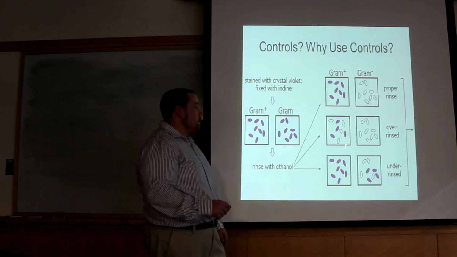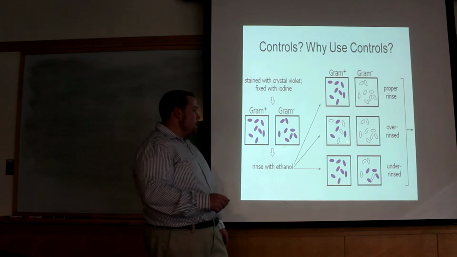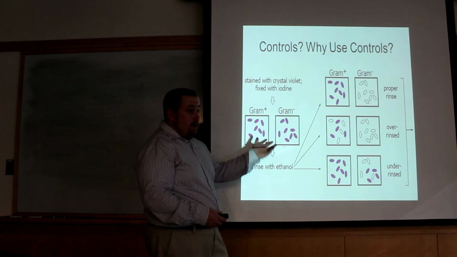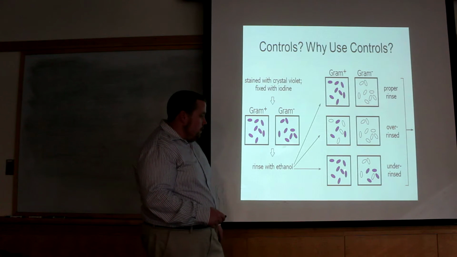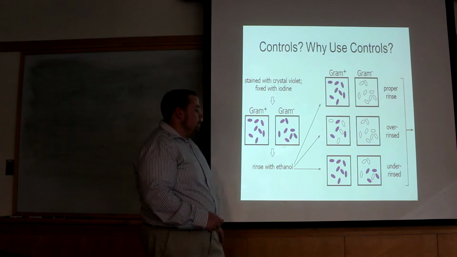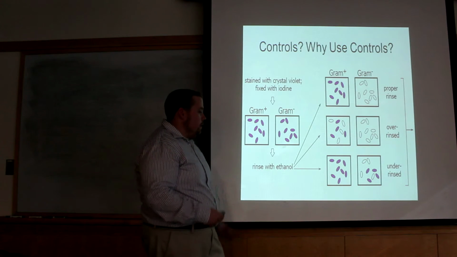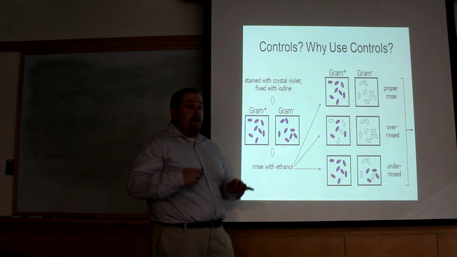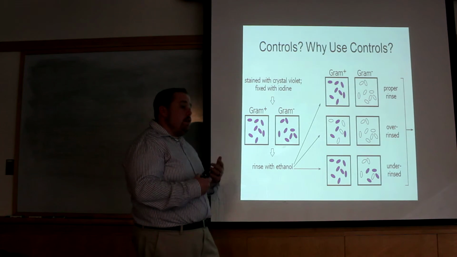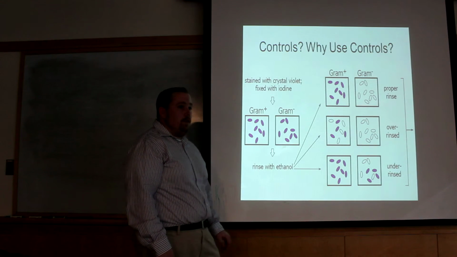But if you've over-rinsed, some of your gram-positive cells will also appear clear, while your gram-negative cells still retain their proper stain. If you've under-rinsed, you can have gram-negative cells that appear to be gram-positive, as the ethanol likely had no effect. And this can lead to some issues if you're trying to identify an unknown bacteria. You need to be sure that you're ethanol rinsing for the right amount of time.